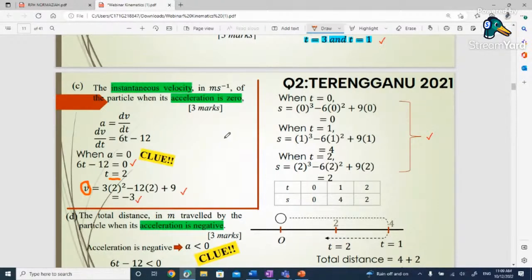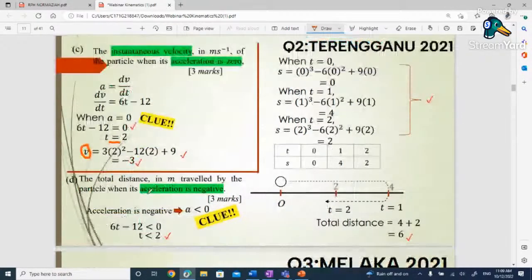Okay, so this is the last one for Terengganu, total distance travelled by the particle when its acceleration is negative. So what is the clue? The clue here is acceleration is negative, ayat panjang-panjang ni, basically in maths is just A less than 0.